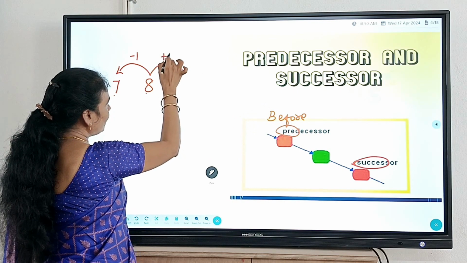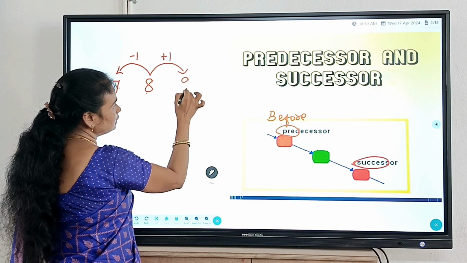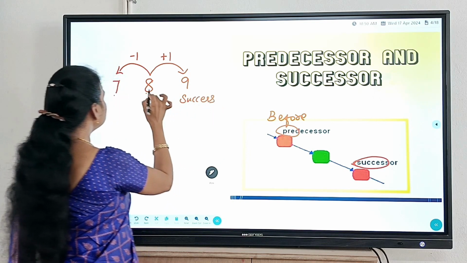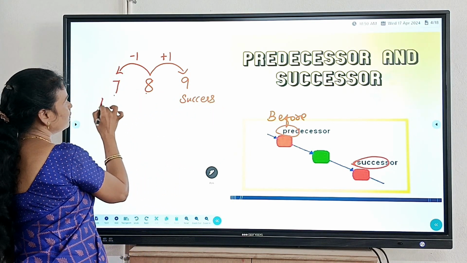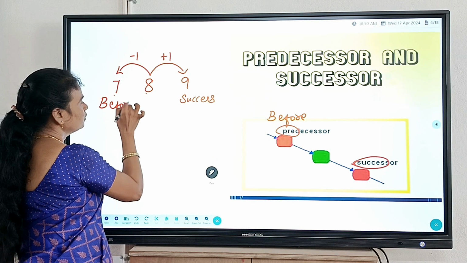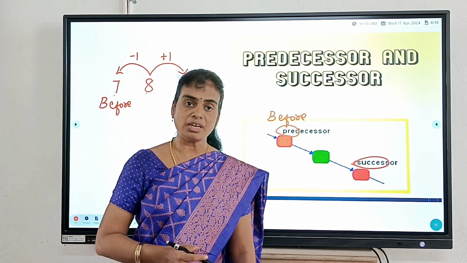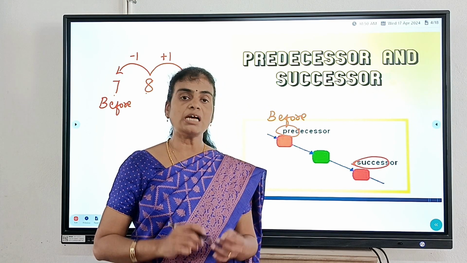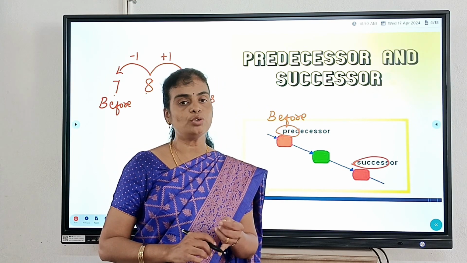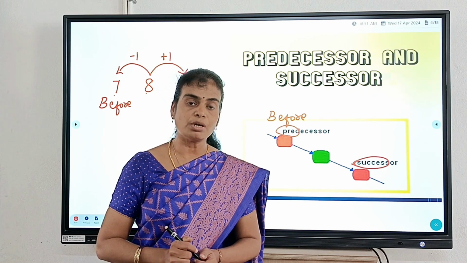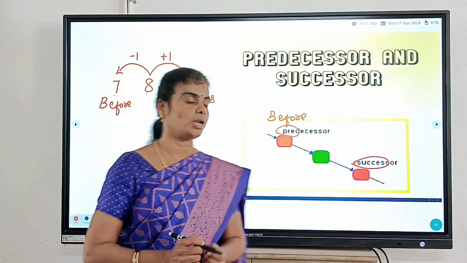If 1 is added to this number, it becomes 9. So the successor of 8 is 9 and the predecessor of 8 is 7. When we are asked to find the predecessor and successor of any given number, if we are asked to find the predecessor, we have to subtract 1. And if we are finding the successor of a given number, we have to add 1.